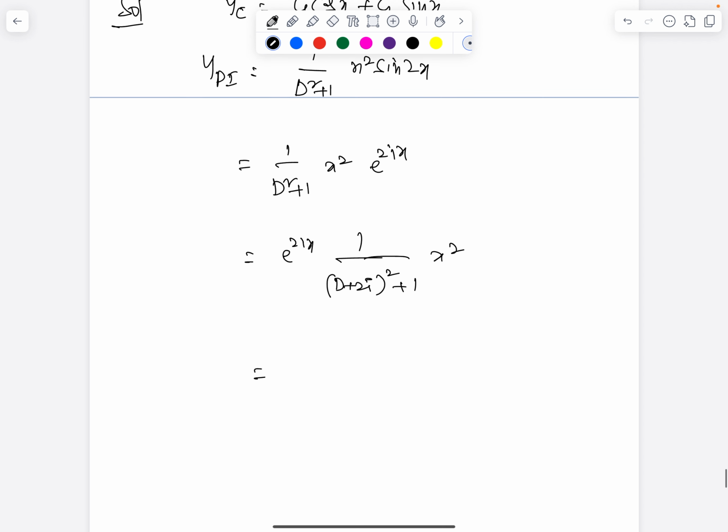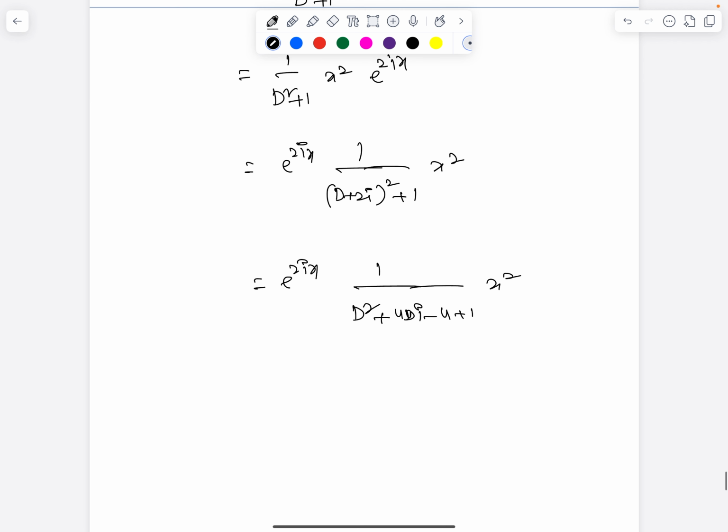So this is e power 2ix, and if you simplify, this is D square plus 4Di minus 4 plus 1, into x square.